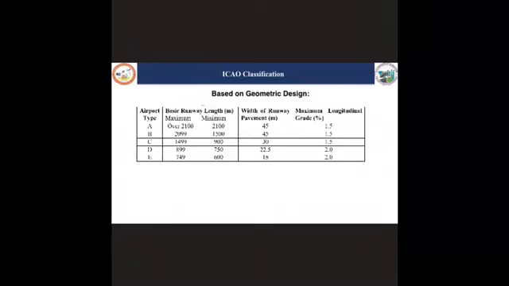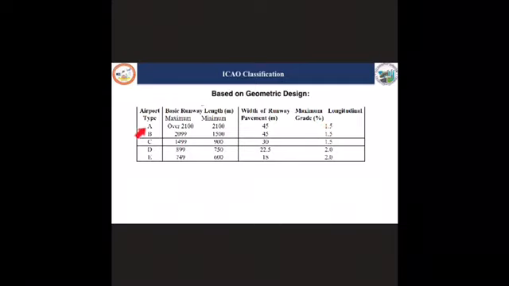The next classification is based upon the geometric design. This classification is given by ICAO, the International Civil Aviation Organization. It has classified the airports into A, B, C, D, E. The geometric parameters considered while classifying the airports include the basic runway length, the width of the pavement and the maximum longitudinal gradient provided for the runway.